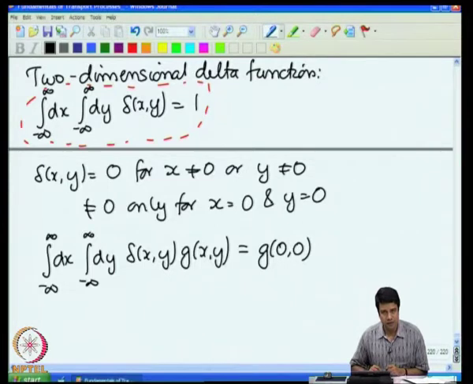Now, the 3-dimensional delta function is the extension of the same thing to 3 dimensions. I cannot draw it for you in 3 dimensions, but I can define it for you.